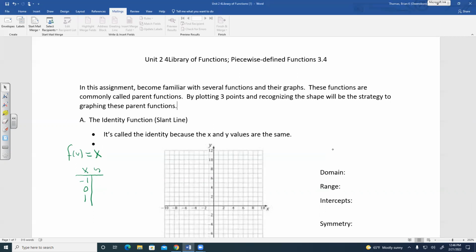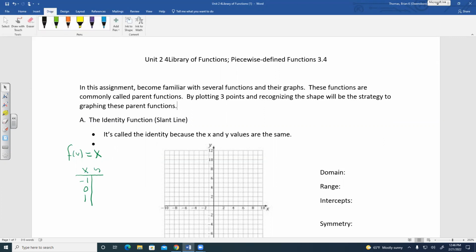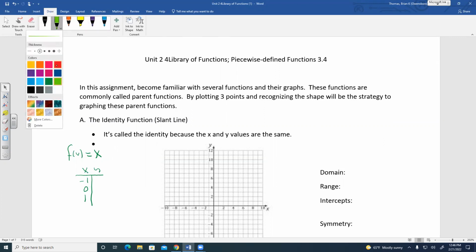So this first function is called the identity function. Identity, basically what this means is the y value and the x value are the same thing. So notice how we have f of x. F of x also stands for y equals x. So whatever x is, y is.